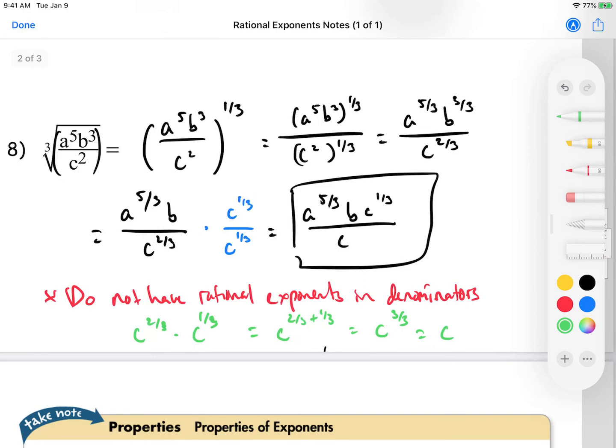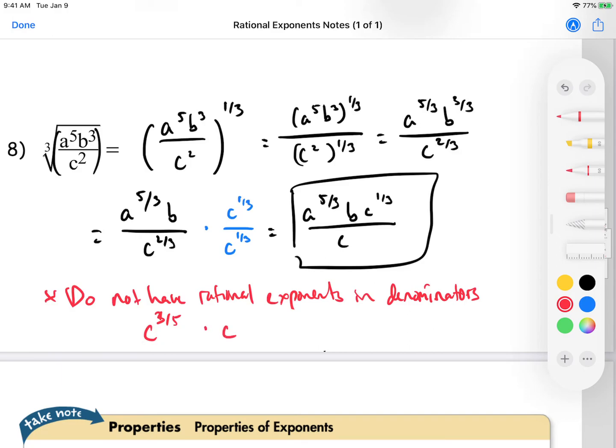So let's just say I have, here, I'll erase this. Let's just say I have c to the 3/5. In order to make this denominator rational, I would need to multiply it by what?